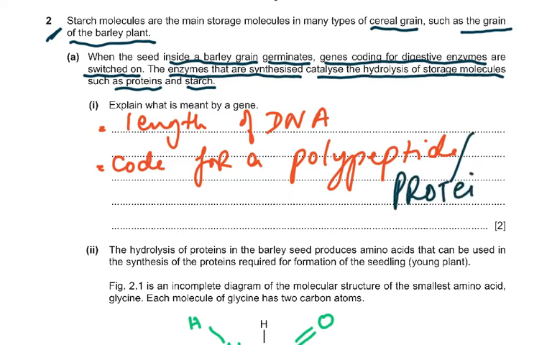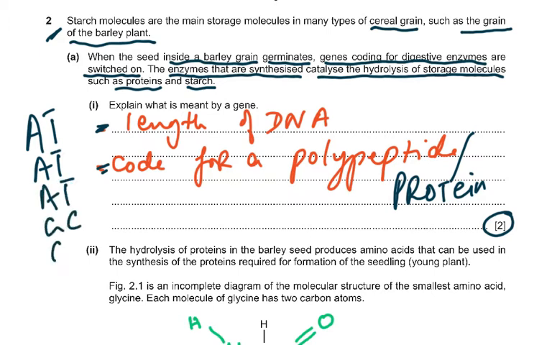Now this is 2 marks, and you have to give me 2 points. So always think of the 2 points when you look at the marks. So a length of DNA, or a sequence of nucleotides, or sequence of bases, nucleotides is better, which codes for a polypeptide or a protein. You see, it's like AT, AT or GC or CG.